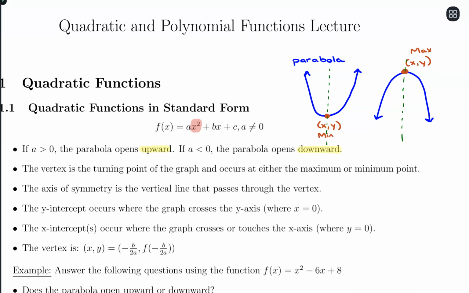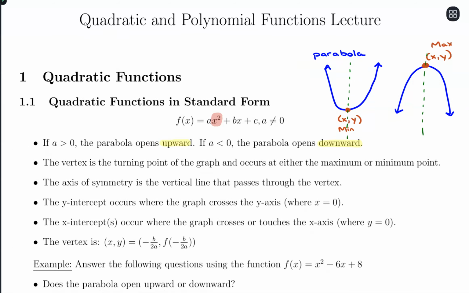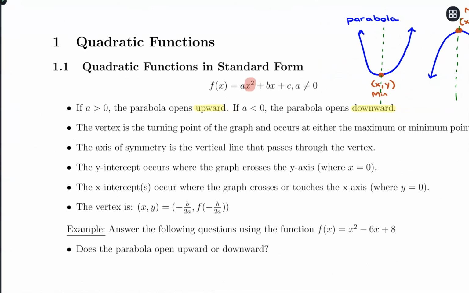The y-intercept occurs where the graph crosses the y-axis. So when we have our x and y axes and we draw our parabola, so let's say I draw something like this, wherever we cross that y-axis, that's going to be our y-intercept. So that's where x equals 0.